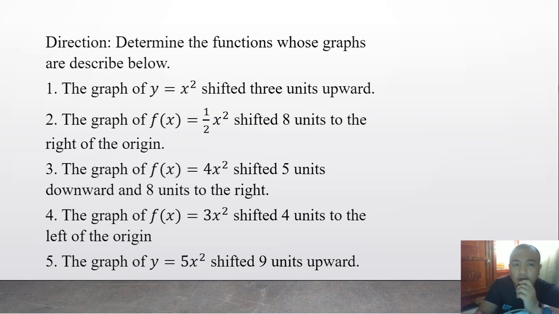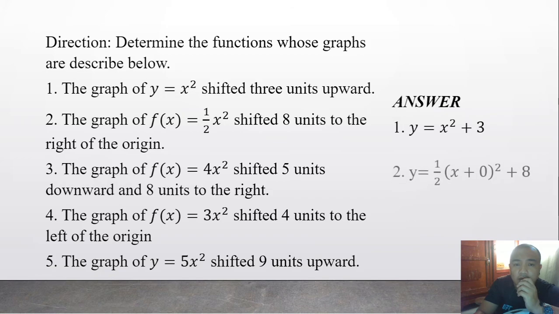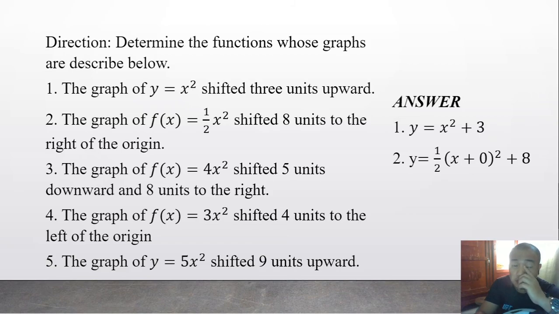So in number 1, the graph x squared plus 3. In number 2, 1/2 x squared shifted 8 units to the right of the origin. Shifted to the right, dapat minus, diba?